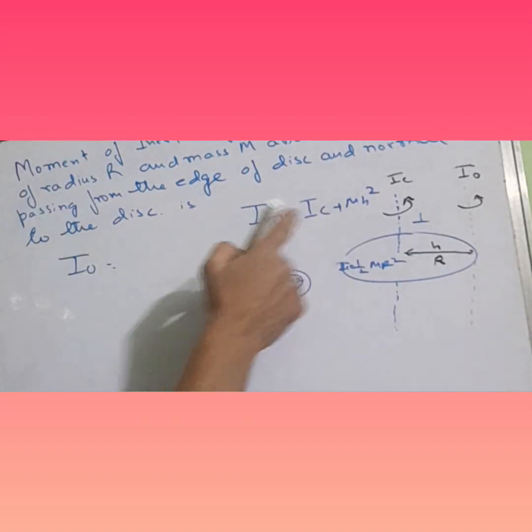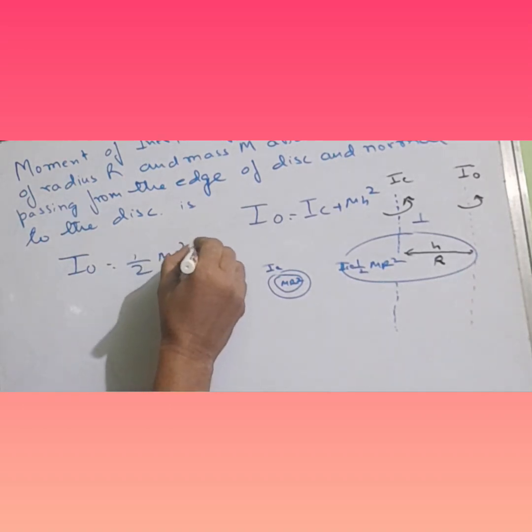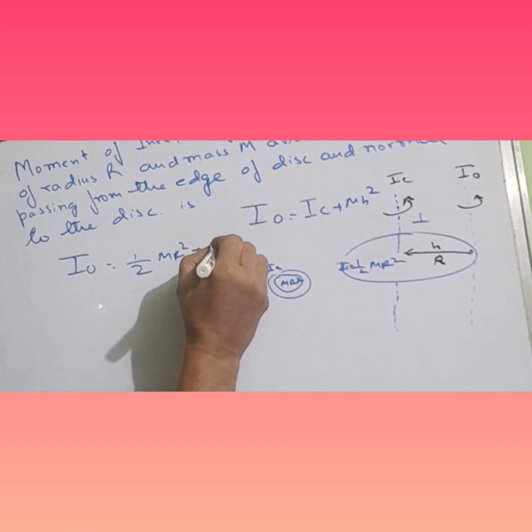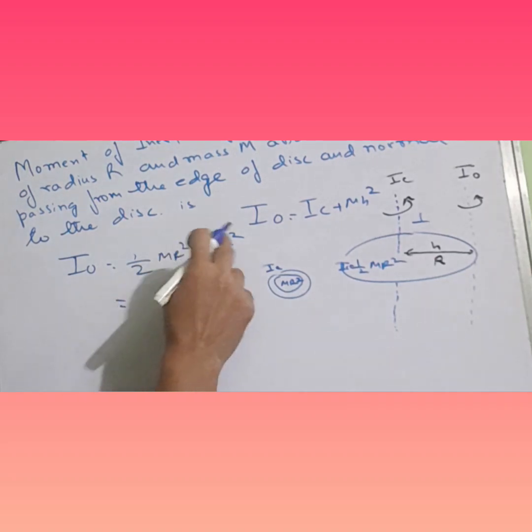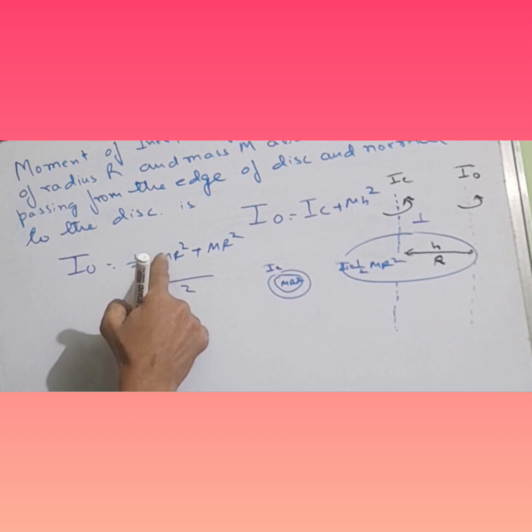So we know the value of IC, so why not jot it down? Half mr square, plus, I also told you h is equal to r, so instead of h, it would be mr square. So taking the LCM, I hope now you have learned LCM, I put a 2. So 2 ones are 2, it becomes mr square by 2.